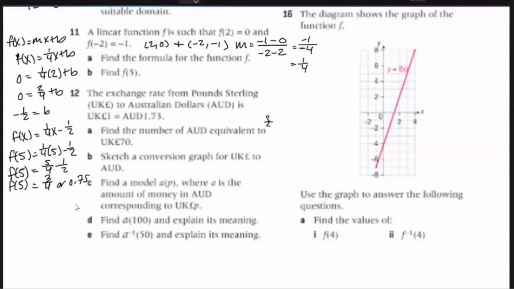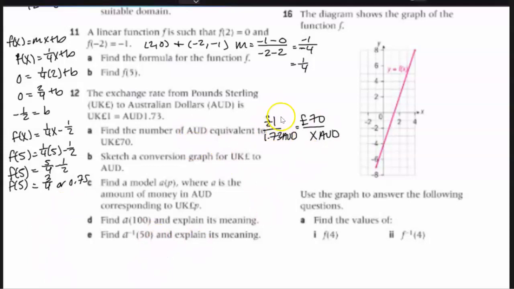1 pound is the same thing as 1.73 Australian dollars. And we want to figure out, okay, well, if we have 70 pounds, how many Australian dollars is that?